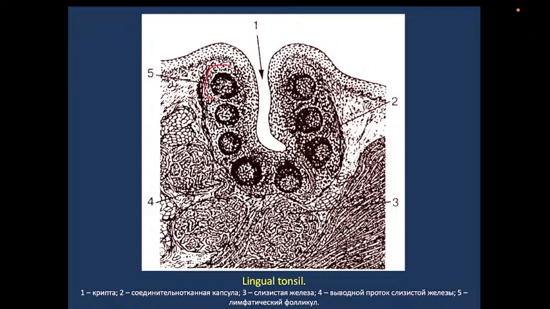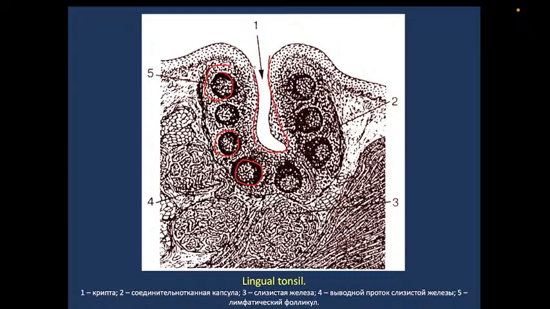Usually we find some follicles. Follicles are spheroid histological structures located in the tonsils. Every tonsil has special crypts.